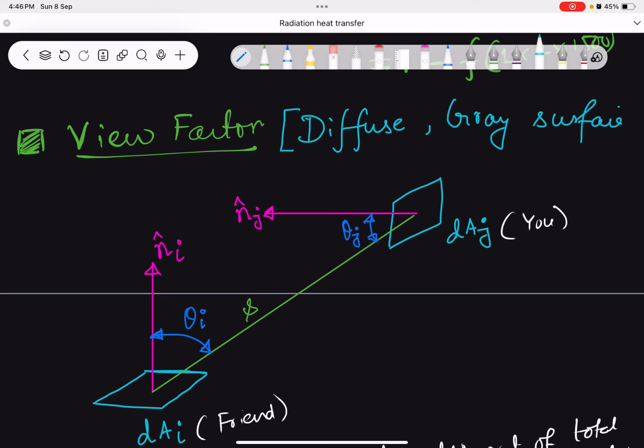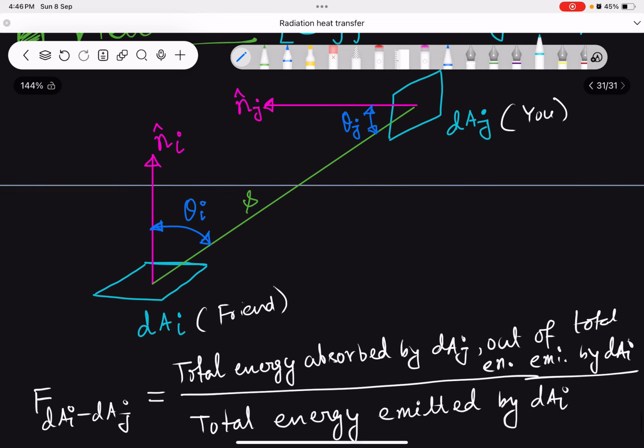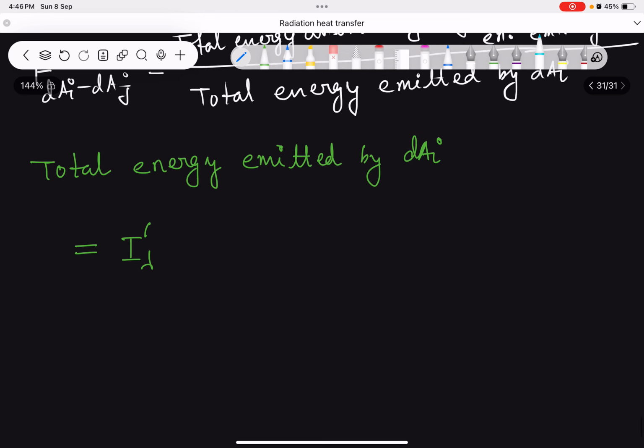There are other very in-depth and detailed analyses for non-diffuse non-gray surfaces also, but in our scope we are not doing that. So here actually this is not a function of lambda or theta. So this will be only a function of T. Okay, is it so? No.